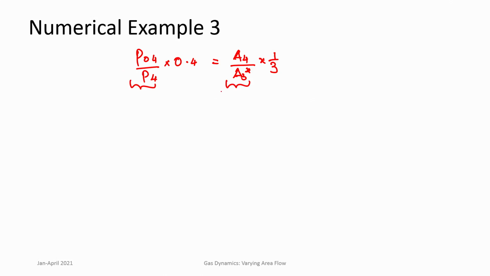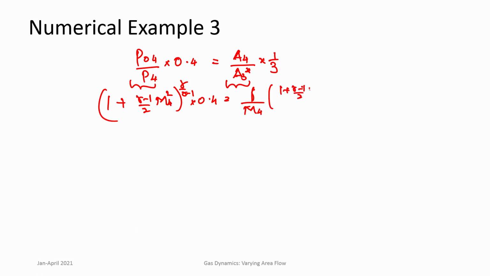So we can write this as 1 plus gamma minus 1 by 2 M4 square, the whole power gamma by gamma minus 1, multiplied by 0.4, is 1 by M4 times 1 plus gamma minus 1 by 2 M4 square, to the power gamma plus 1 by 2 gamma minus 1, multiplied by 1 by 3.